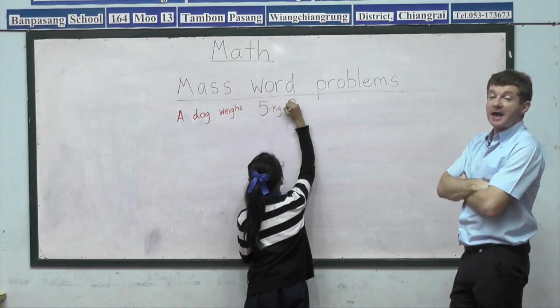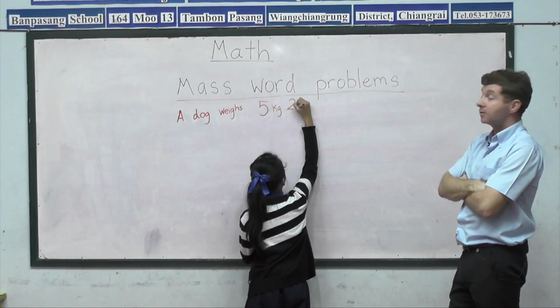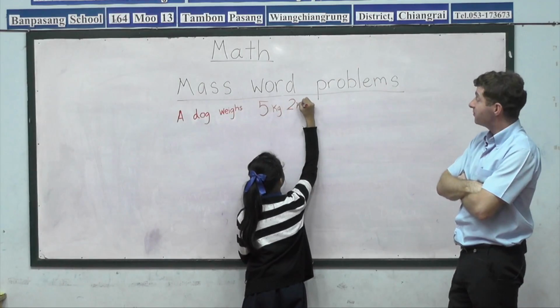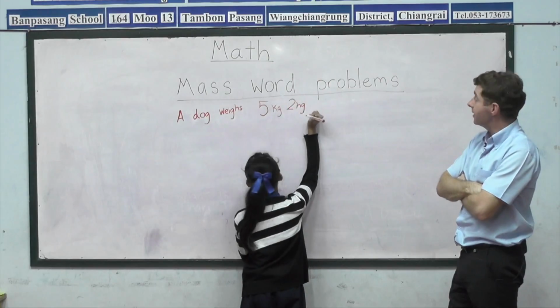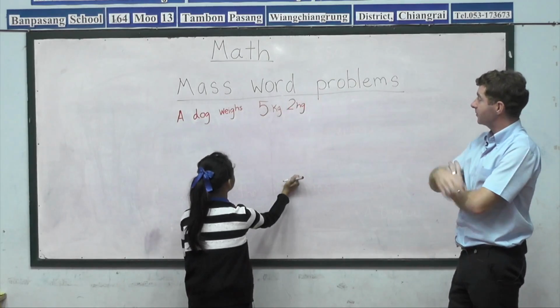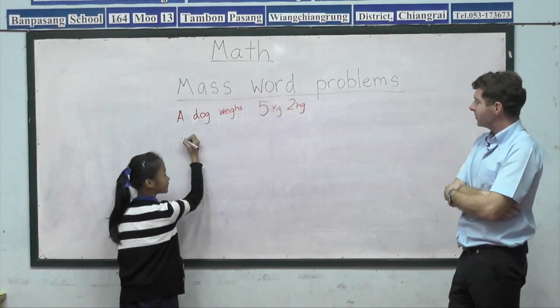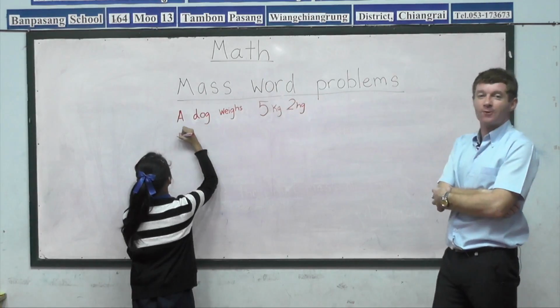So altogether, guys, a dog weighs 5 kilograms, 2 hectograms. What's your next animal? A cat, okay.